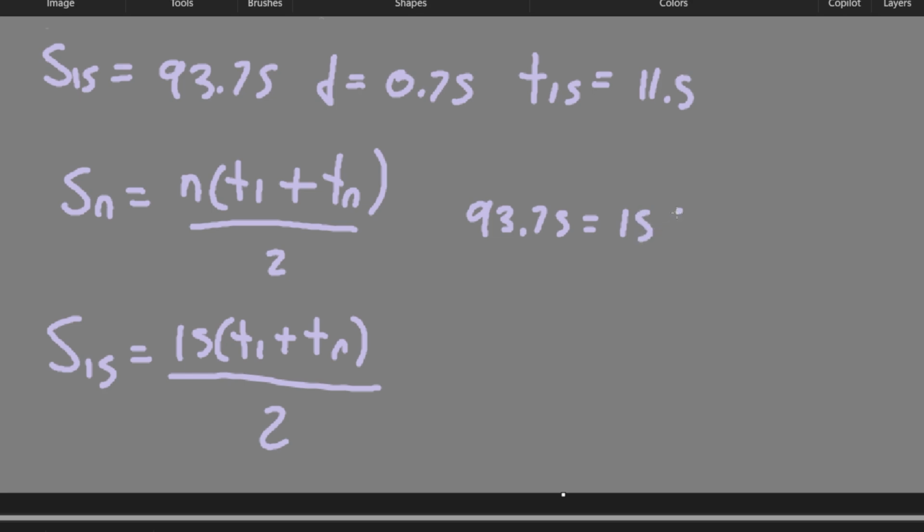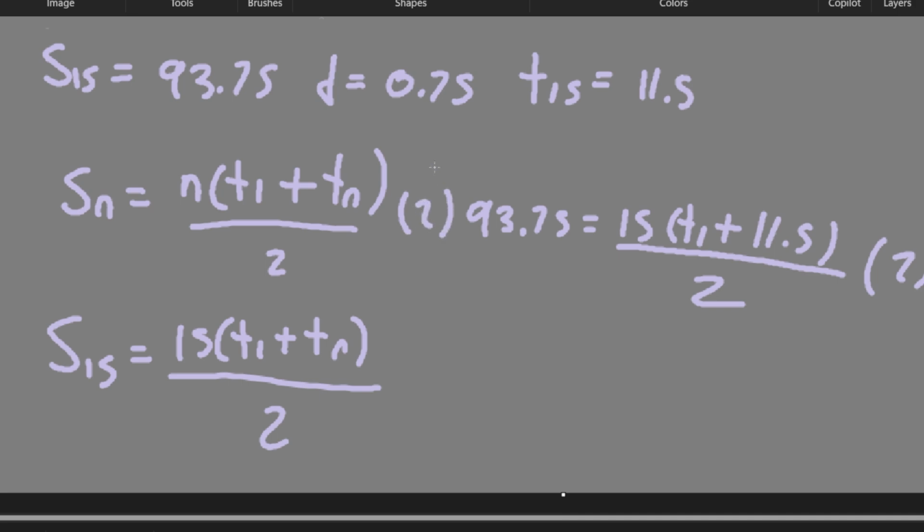We don't know T1, but we know that T15 is 11.5. So multiply both sides by 2. 187.5 is equal to 15 times T1 plus 11.5.